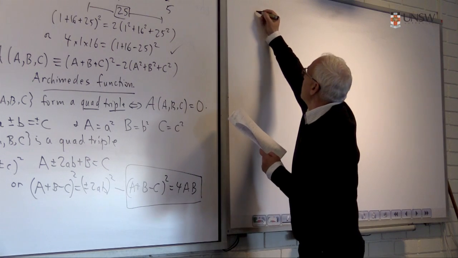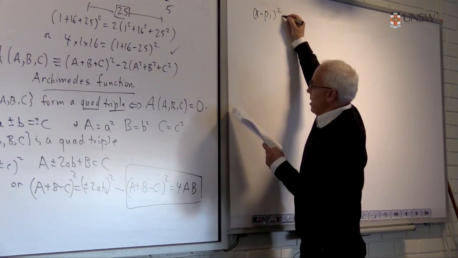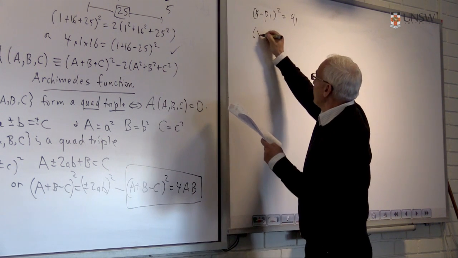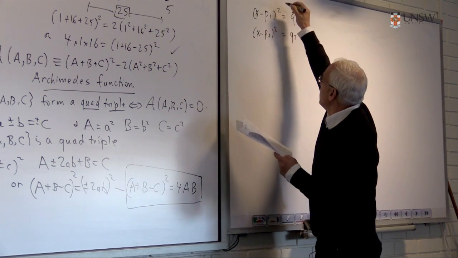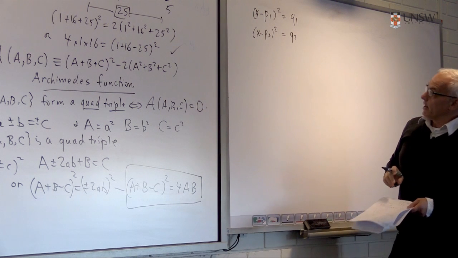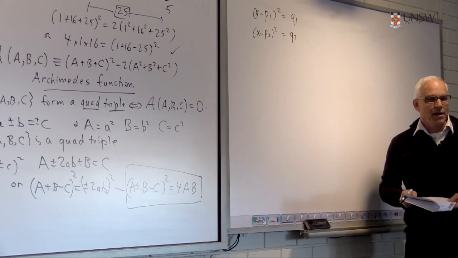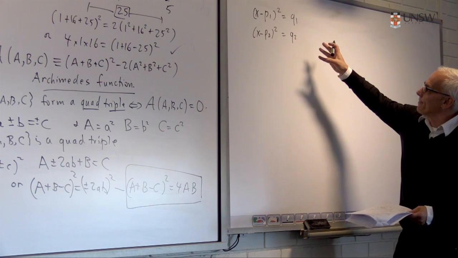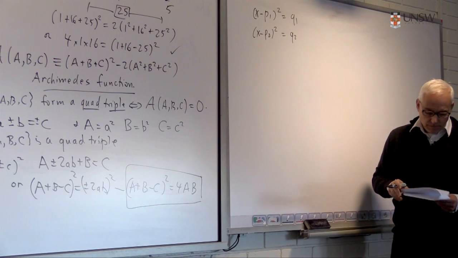So for example, suppose that you have two quadratic equations: (x - p1) squared equals q1, and (x - p2) squared equals q2. We have two quadratic equations, and we'd like to say, what does that imply about the coefficients?